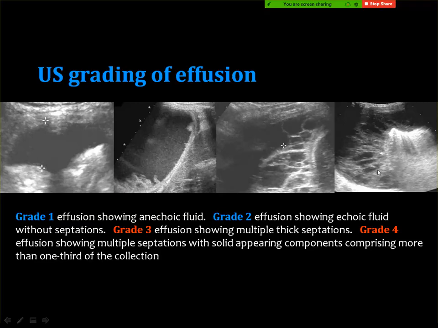This grading is very important whenever you are going to treat this empyema by intervention. If you get this appearance with incomplete septation, you can insert a drainage tube percutaneously into the lesion. It will evacuate it totally.